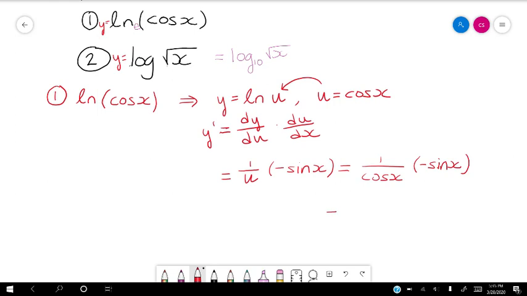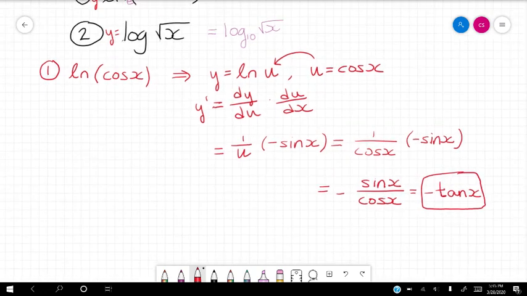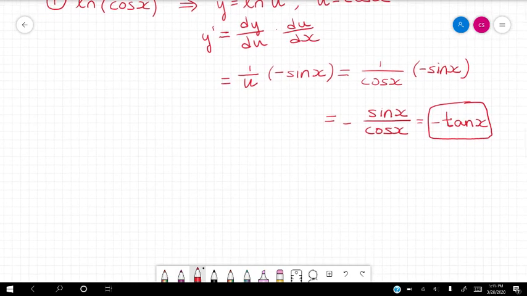We can definitely clean that up a little bit. We'll move the negative to the front. And then what's sine over cosine? It's tangent. So that gets you to the solution. The derivative of that function was negative tangent. So the natural log of cosine, if we took that derivative, it's negative tangent.